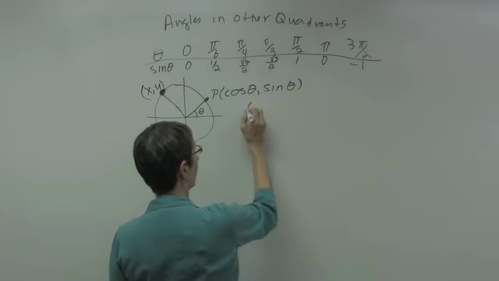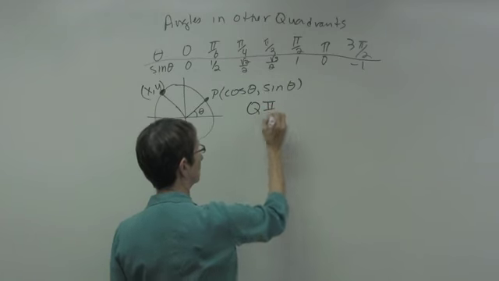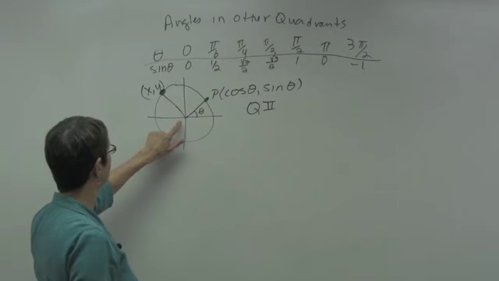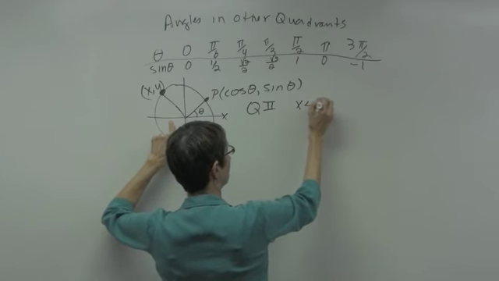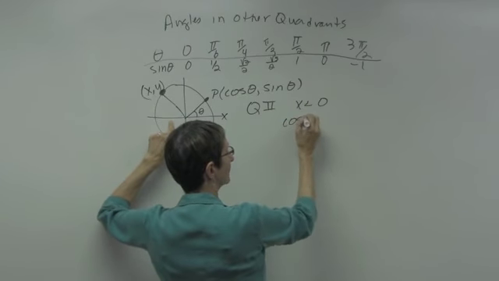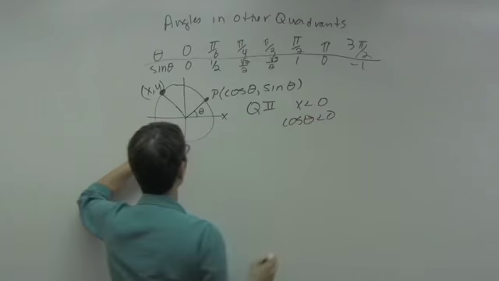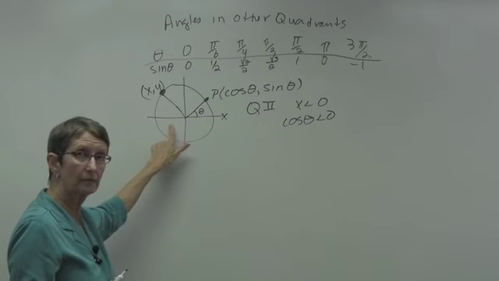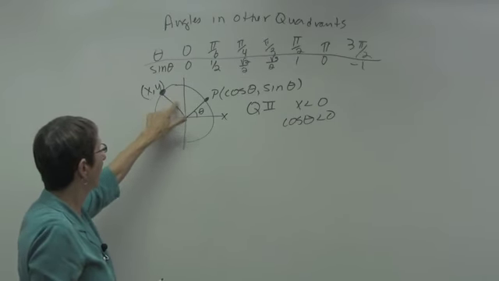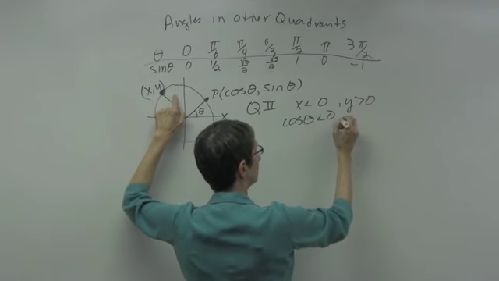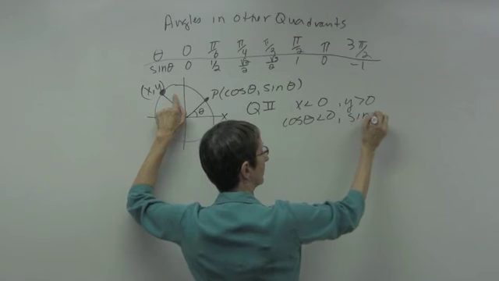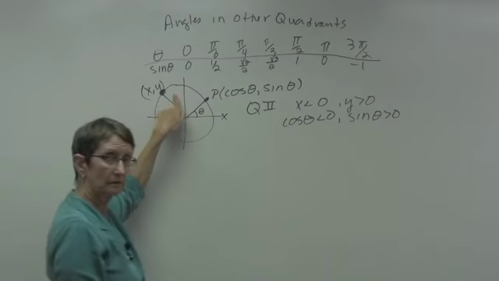So if I am in quadrant 2, this is the x-axis, x is negative, so that means cosine theta is negative, because x goes with cosine. The y value there, the y is positive. So my sine of theta is positive.